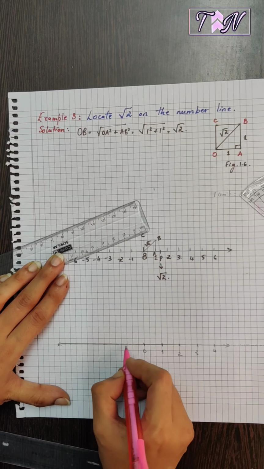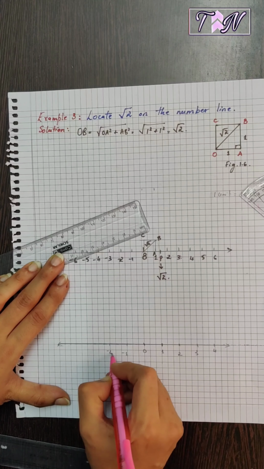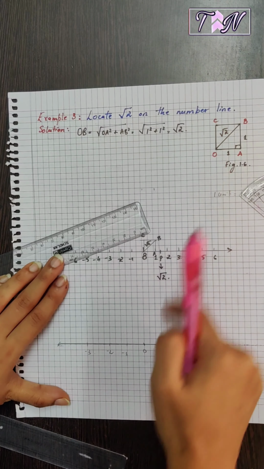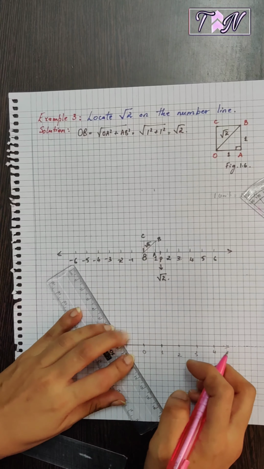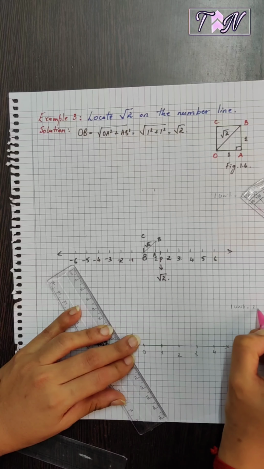This is just for illustration so that you can see properly how I plotted root 2 on the number line. So transferring this figure, here the scale is 1 unit equal to 3 square grids.